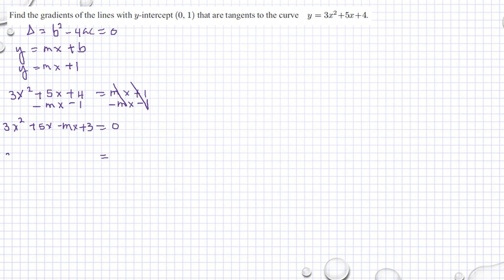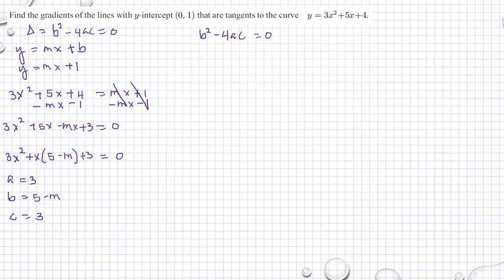Then, if we factor out x, we have 3x squared plus (5 minus m)x plus 3 is equal to 0. Our a is now 3, b is equal to 5 minus m, and c is equal to 3. Now we have b squared minus 4ac is equal to 0.